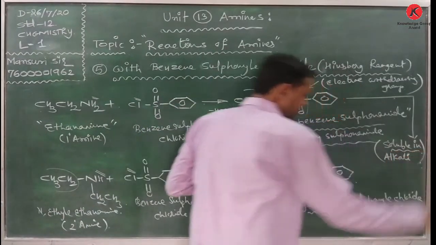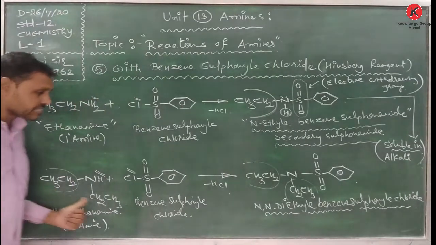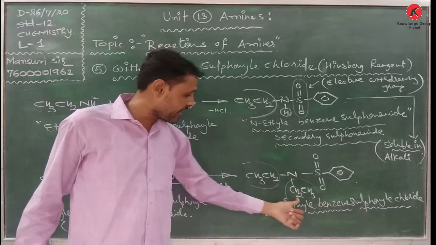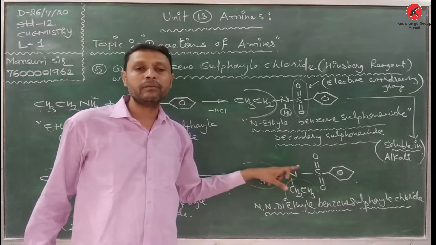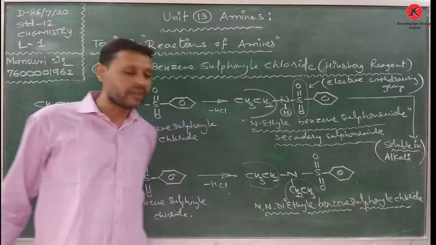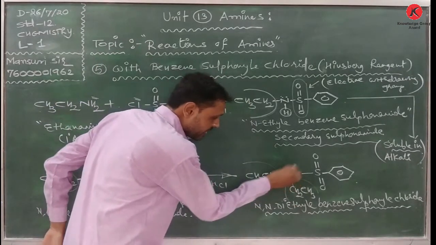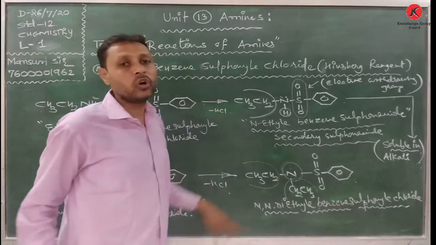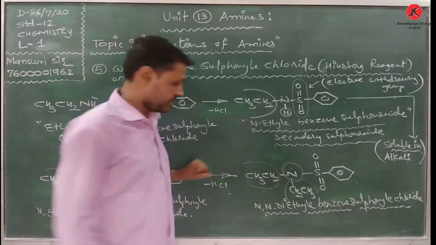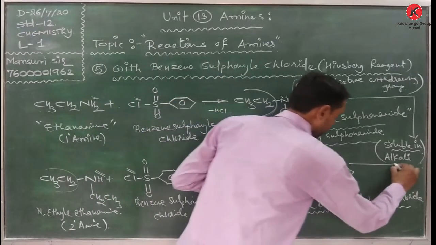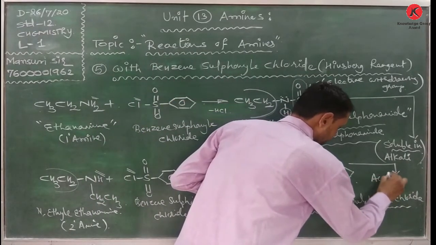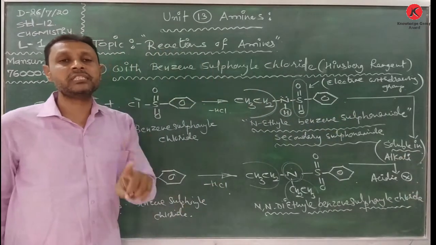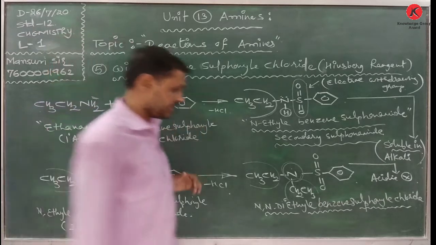But when this other reaction is carried out, N,N-diethyl benzene sulfonamide is obtained. In this substance you can see very well that nitrogen does not have hydrogen, so it is not acidic. That means it is insoluble in alkali.